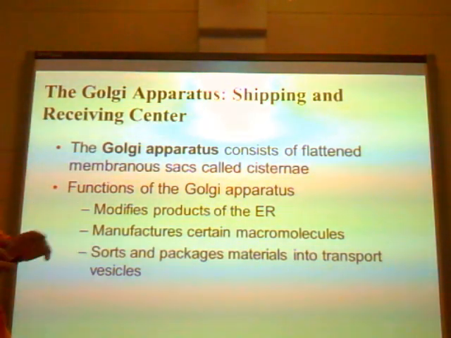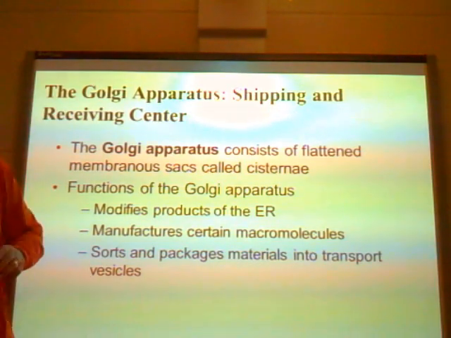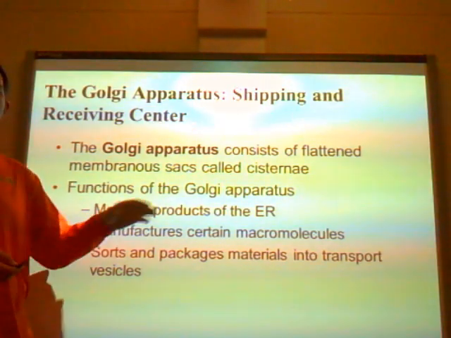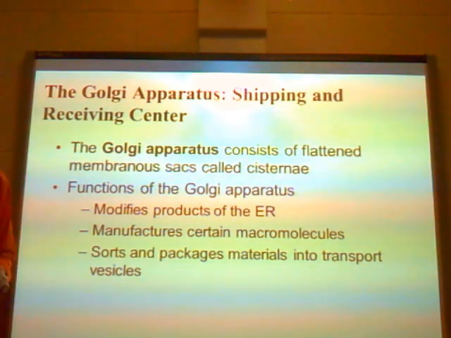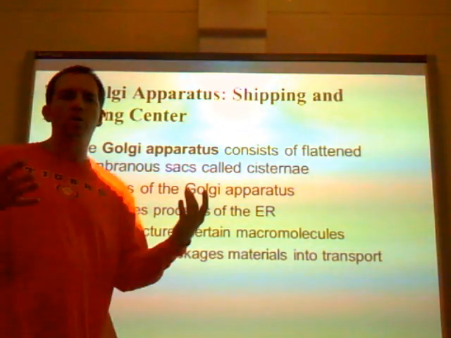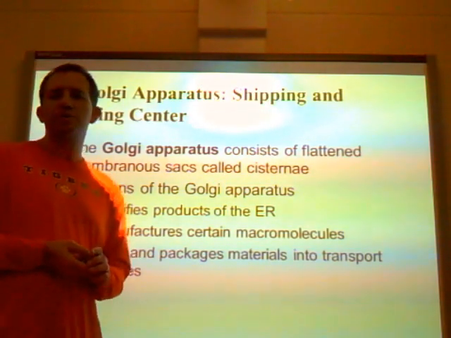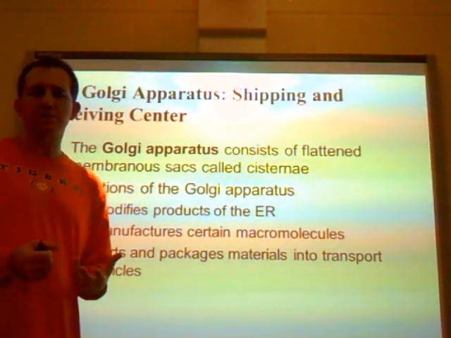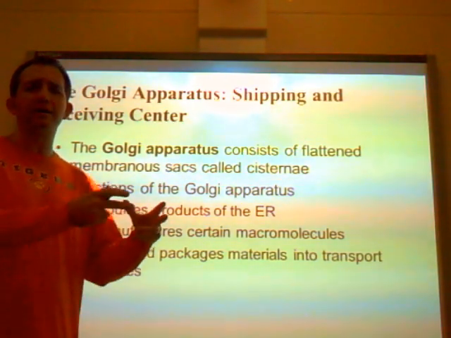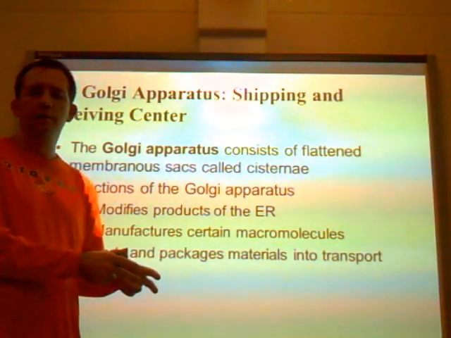Golgi apparatus, this is a series of flattened membranous sacs. The function: modifies products of the ER. So the example that I typically give with this is that we have a warehouse. The ER has produced what we want.